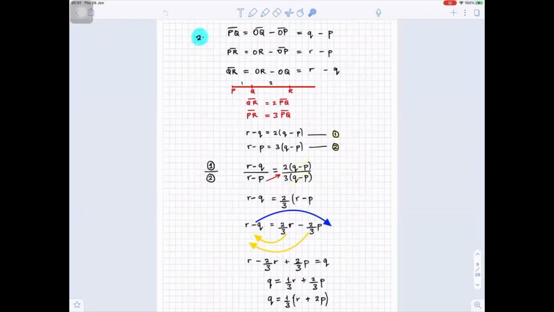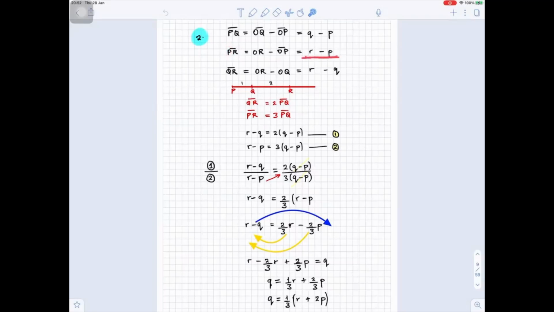So we want to find PQ. PQ is the same as OQ minus OP, the second letter minus the first one. So OQ minus OP, which is q minus p. PR is OR minus OP. Remember, it is the second letter minus the first.